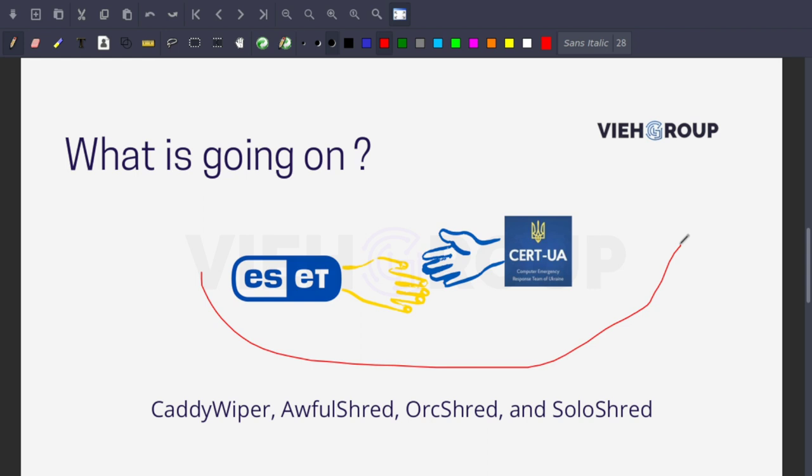The Sandworm group also uses malware families such as Candy Viper, Awful Thread, and Solo Thread. These were the Vipers used in attacking Ukraine in recent days, in which Industroyer 2 was one of the main components used in this particular campaign.